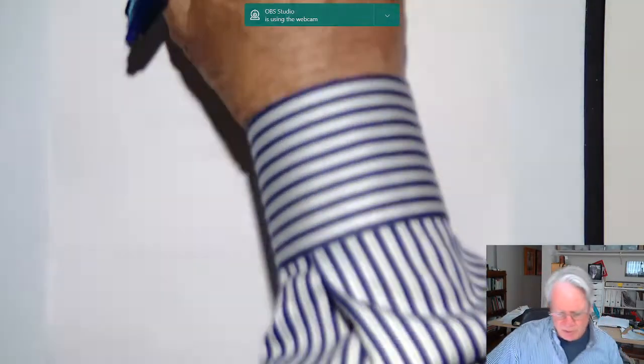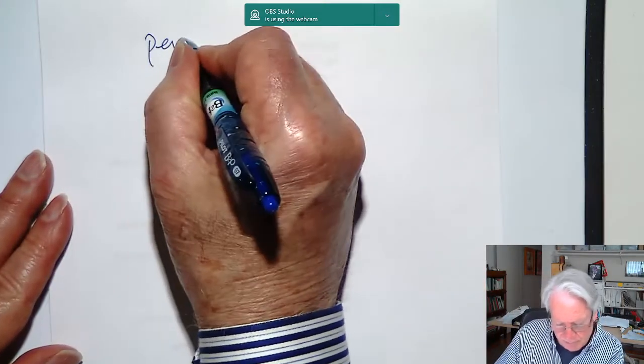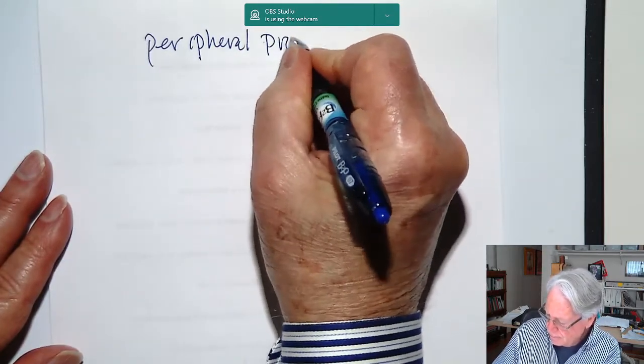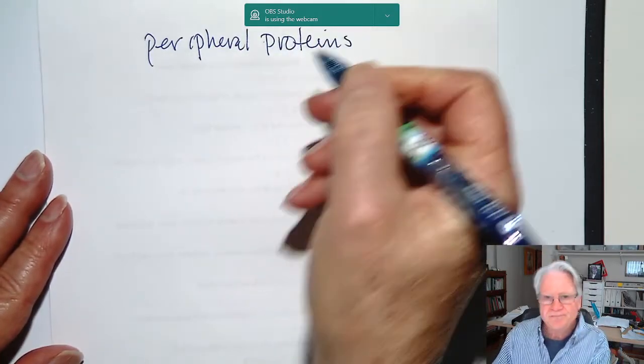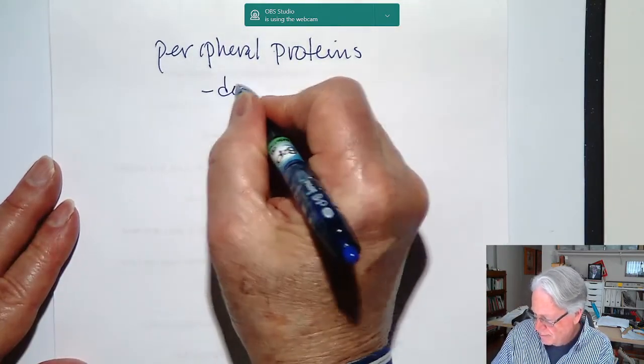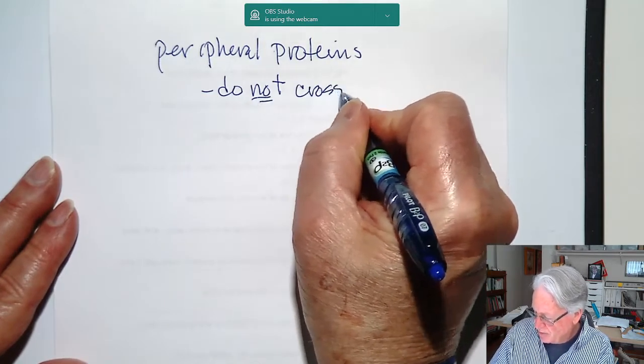Then we have the peripheral proteins. So the peripheral proteins do not cross the membrane.